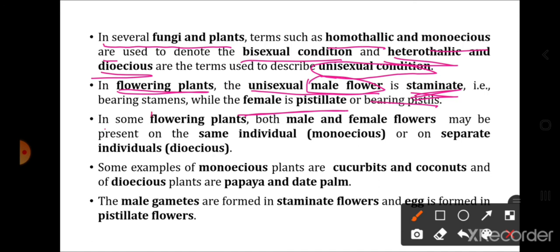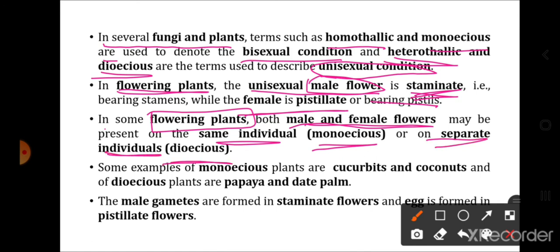Now, in the flowering plants, in unisexual flowers, two conditions are possible. If both male and female flowers are present on the same individual, it is called monoecious, whereas if they are present on separate individuals, it is called dioecious.